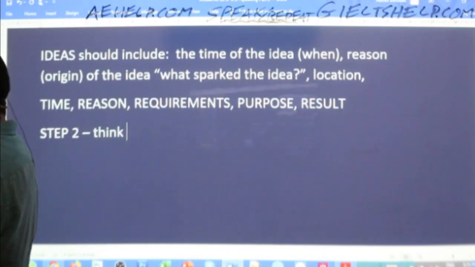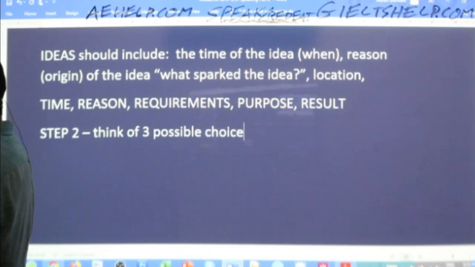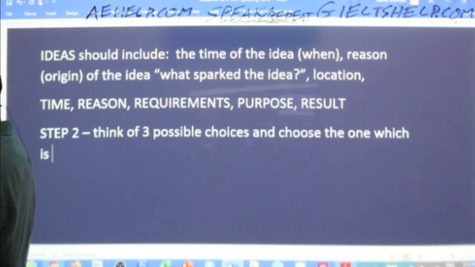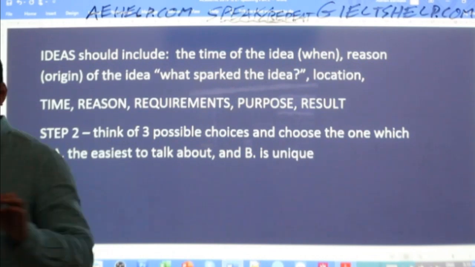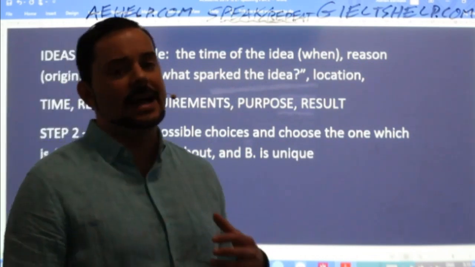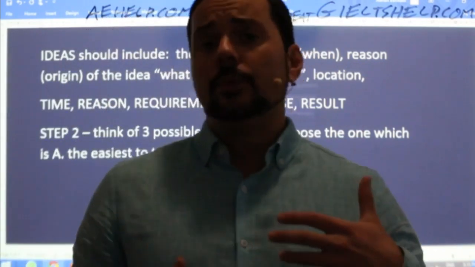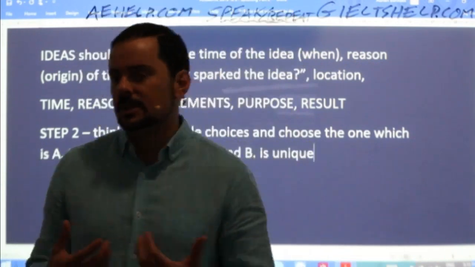is think of 3 possible choices and choose the one which is A, the easiest to talk about, and B, is unique. Now, unique doesn't mean that it has to be something really strange or specific, okay?